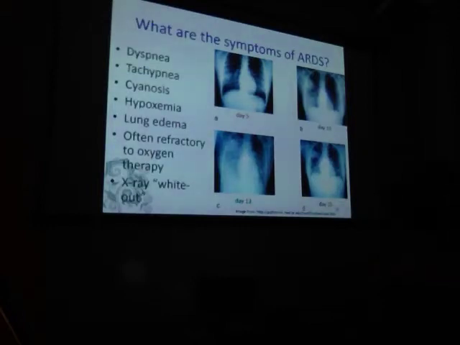That's the air. You can see here's the diaphragm down towards the bottom. And if you go from day 5 to day 10, you see how much more white is showing up in the lungs. That's fluid.